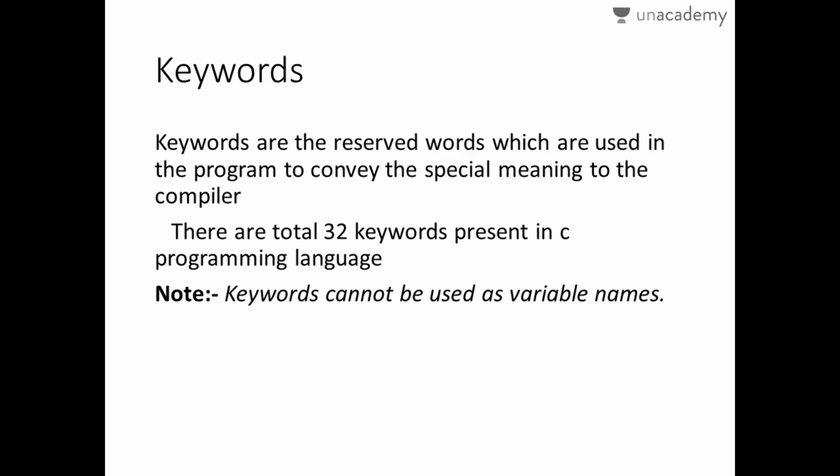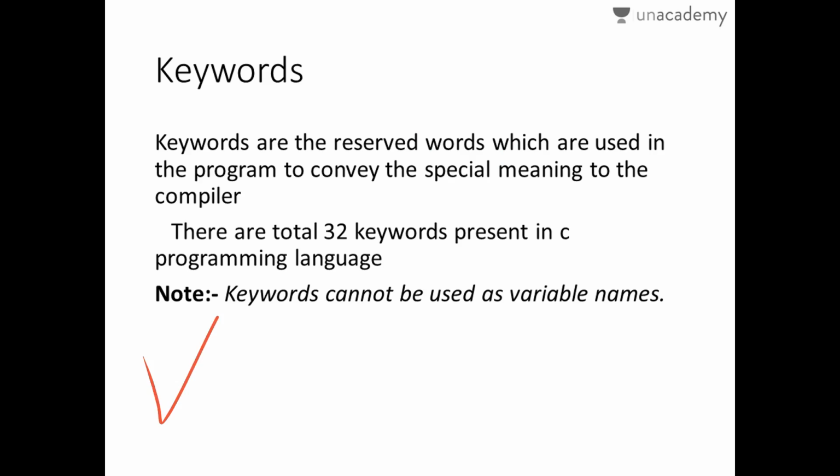There are 32 keywords in the C programming language. Keywords are also words, because from here we can see they are reserved words. Even though they are reserved words, they are words. So what should we know?